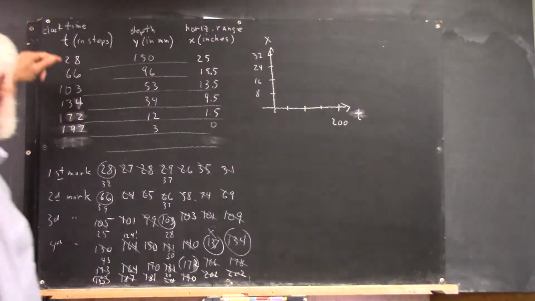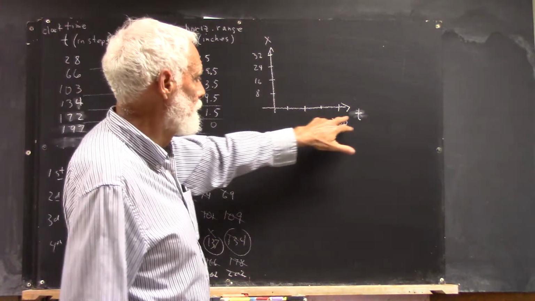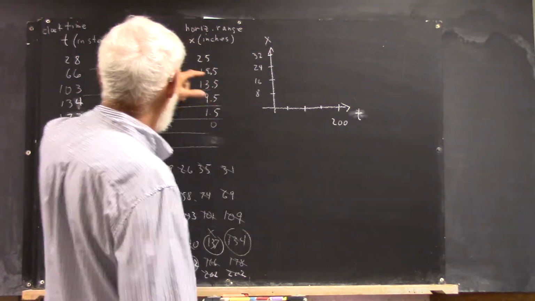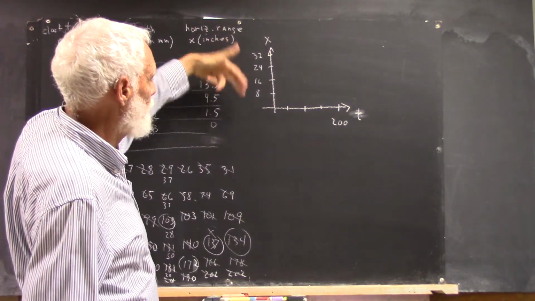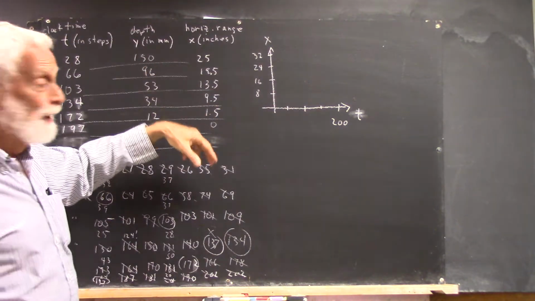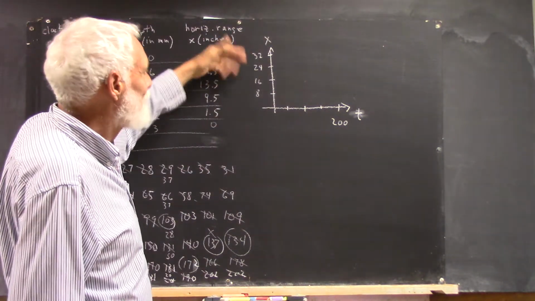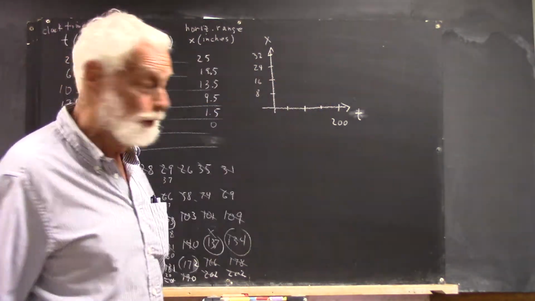Time then goes from 28 to 197. Actually, we'll just put an axis from 0 to 200 here. And I just mark this off using 32 as the highest number on the X scale. Actually, 25 is the biggest number. But it's really easy to divide 32 into half, and then divide that into half, and that into half, and so forth, and get a good result.